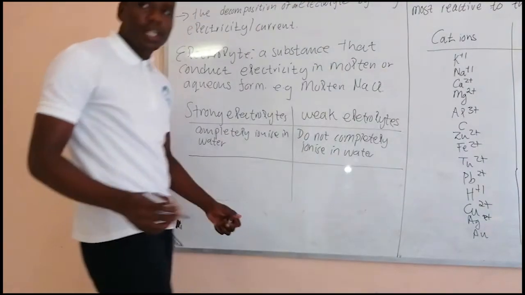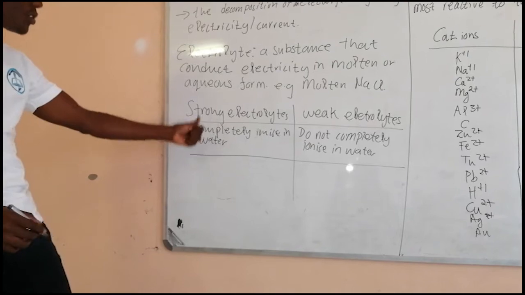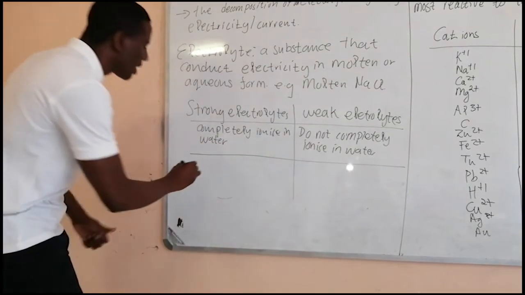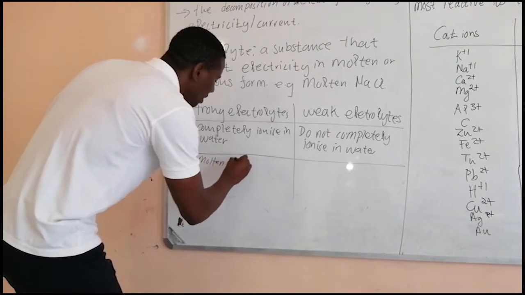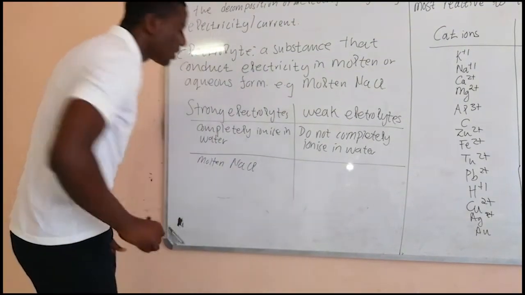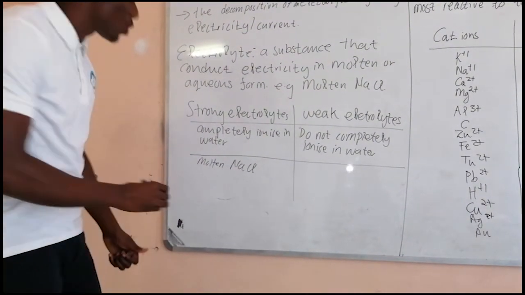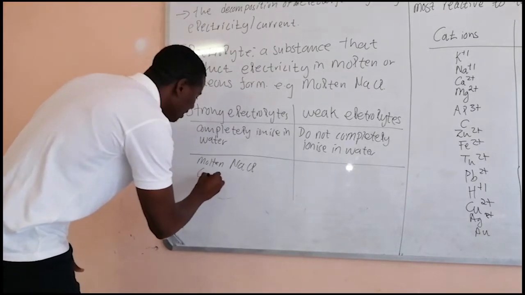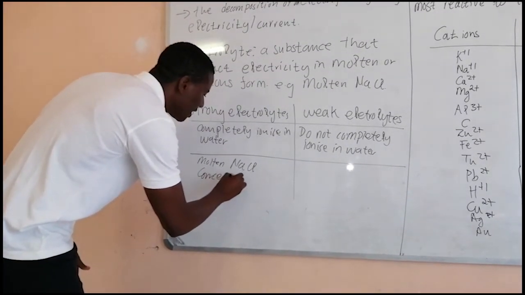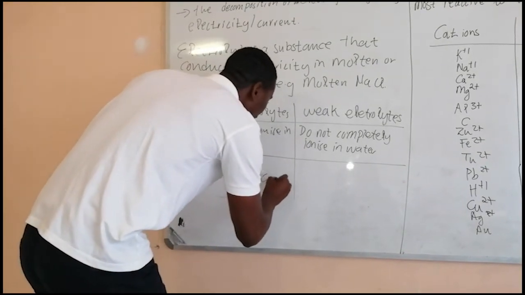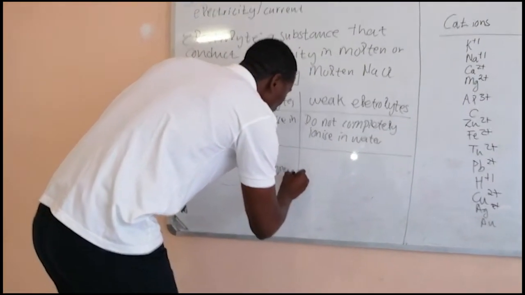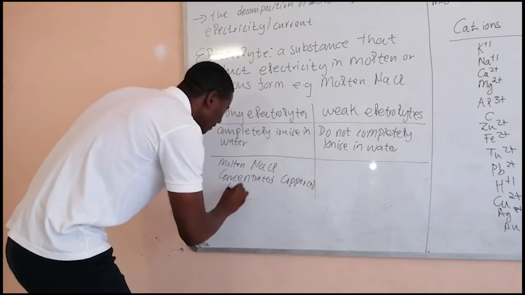Now, let's go to the examples. An example of a strong electrolyte, we can have molten sodium chloride. We can also have concentrated copper(II) sulfate.